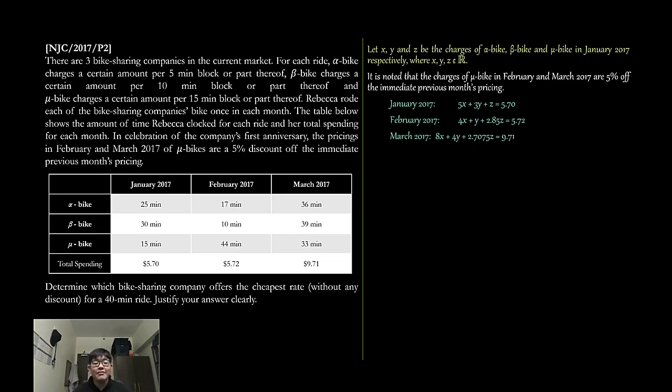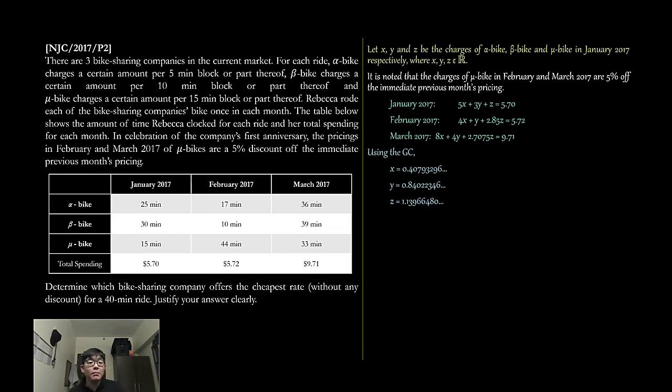Okay, now that I have formed my system of linear equations, what I can do is use my calculator and solve for what x, y, and z are. Now the question itself asks me to determine the company that offers the cheapest rate without discount for a 14-minute ride. Now if you take Alpha Bike, then you have to pay 8 different parts. If you take Beta Bike, you have to pay 4 different parts.